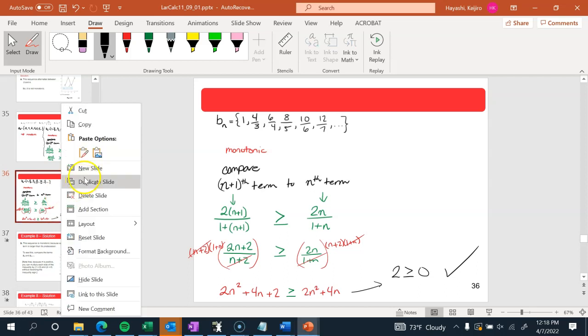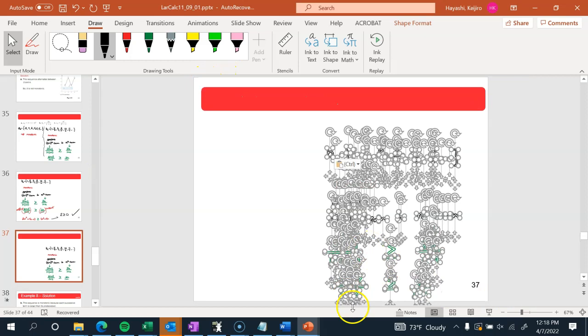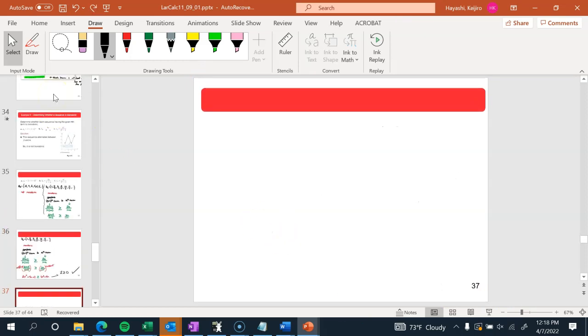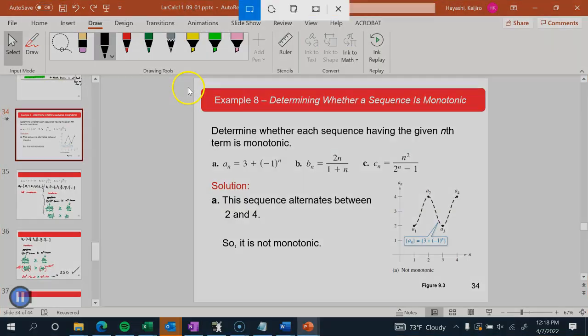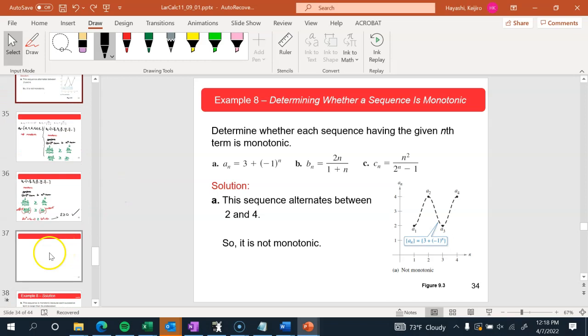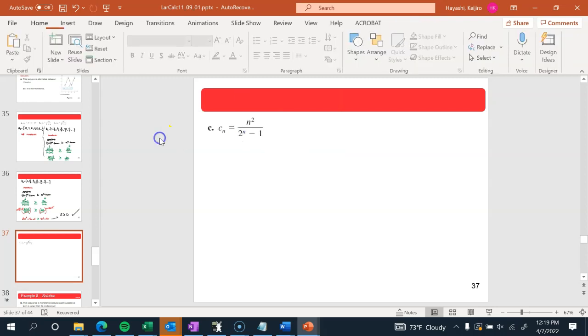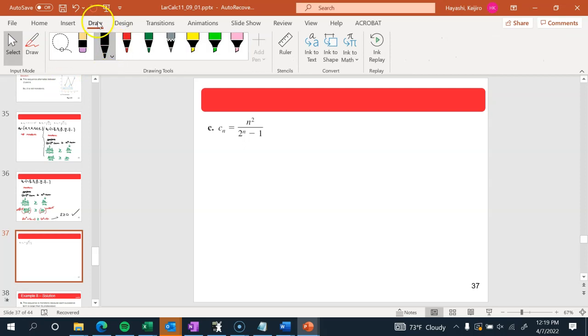Now the last sequence, no, that's not right. Okay. n squared over 2n minus 1. If we write out the first couple of terms of that, you plug in 1, that's going to be 1 on top over 2 minus 1, so 1.